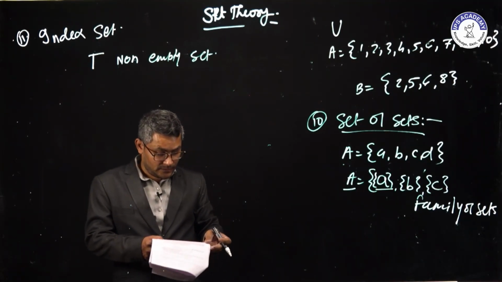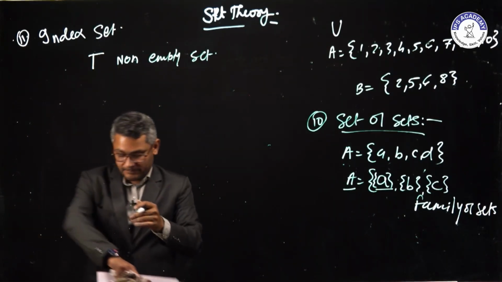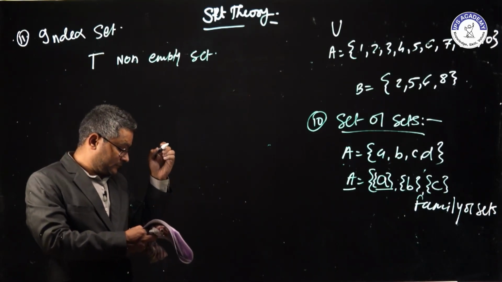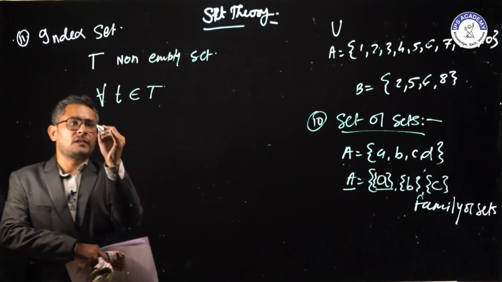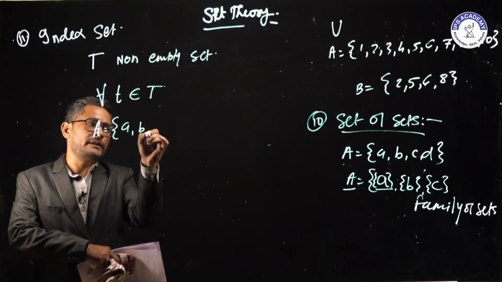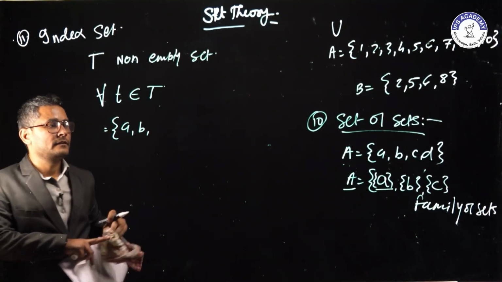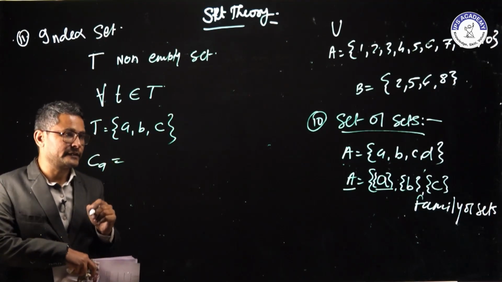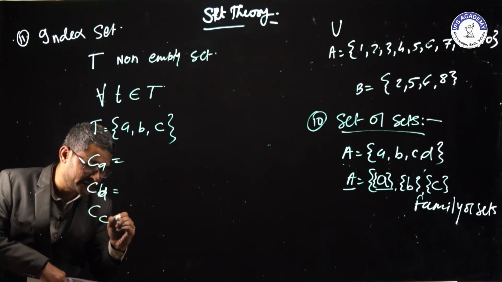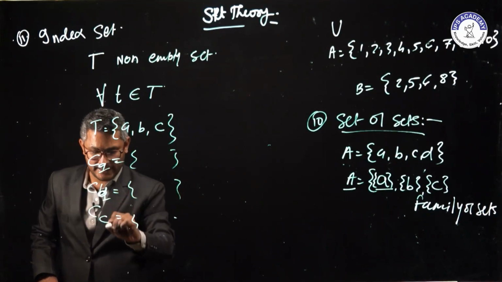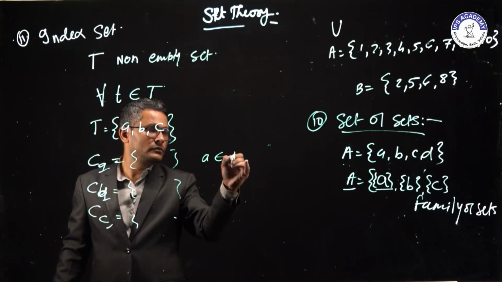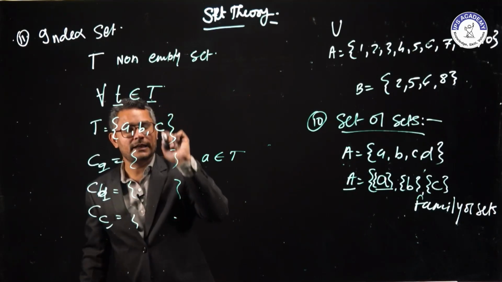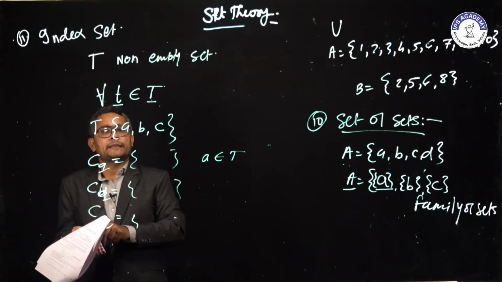An index set should always be non-empty. Then there is a set for each element of T. For example, T is A, B, C. Then there is one set for A, one set for B, one set for C. So there is a different set for each, and this is called the index. T is called the index set, and A belongs to T. That means for all elements of T there exists a set. For all the elements of T, a set must exist. This is called an index set.